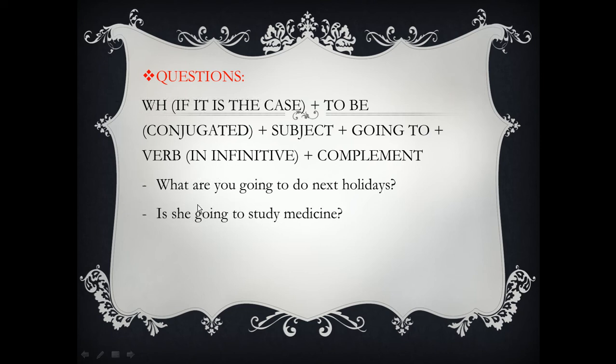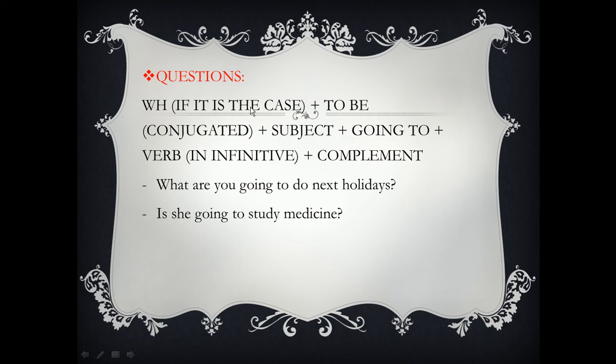Other example. Okay. Example number one is what we call a WH question. And example number two is what we call a yes/no question. Because in the second example, we don't have a WH. We start from to be conjugated and the rest of the structure.